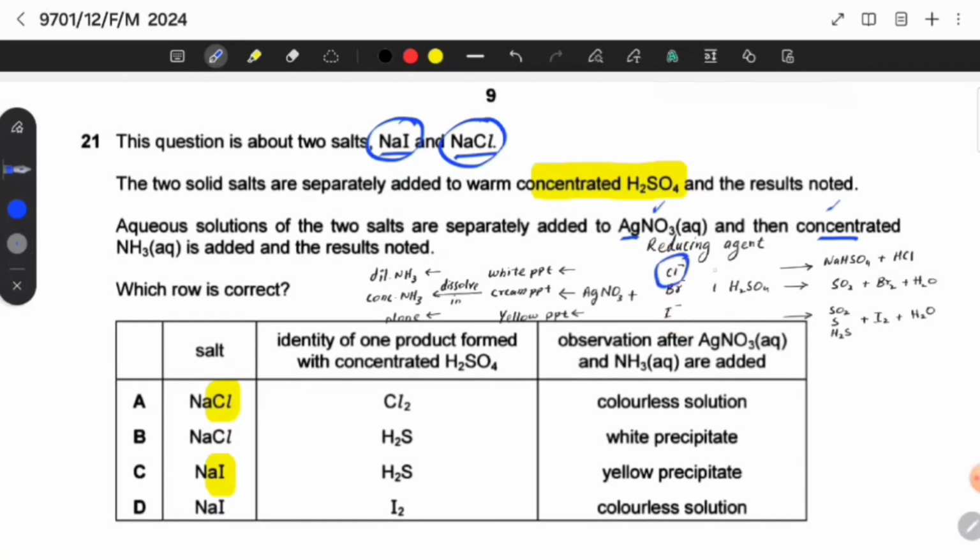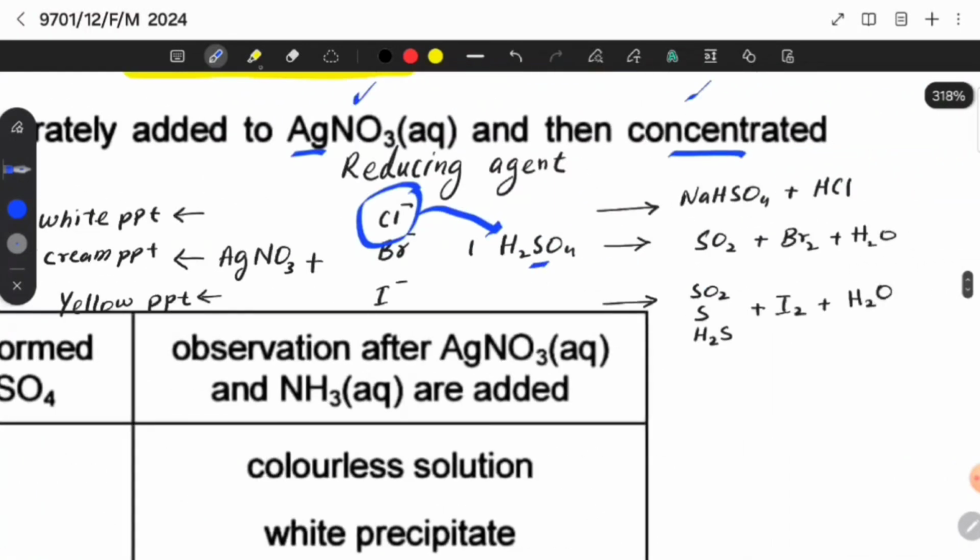So when you add these into sulfuric acid, chloride cannot reduce sulfur. As you can see, sulfur has a positive 6 charge, and sodium bisulfate will also have a positive 6 charge when you react it with a chloride containing salt.